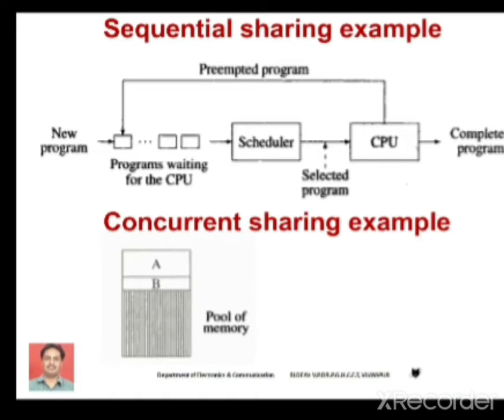The selected program will make use of the CPU. Once this program completes its execution, it is removed from the system. But if the program is suspended, if it is preempted, it is kept back into the list of pending programs. Here preemption means forceful deallocation of the resource.